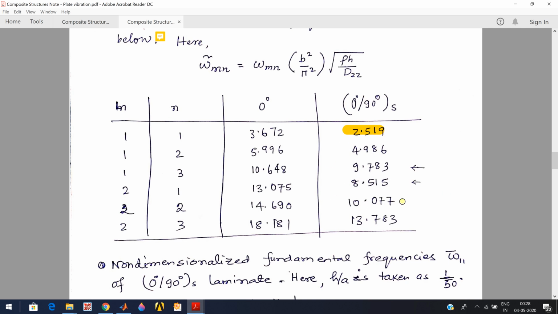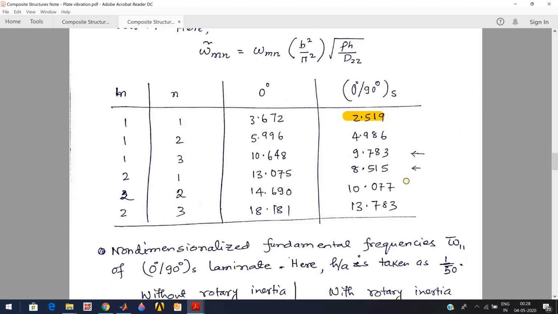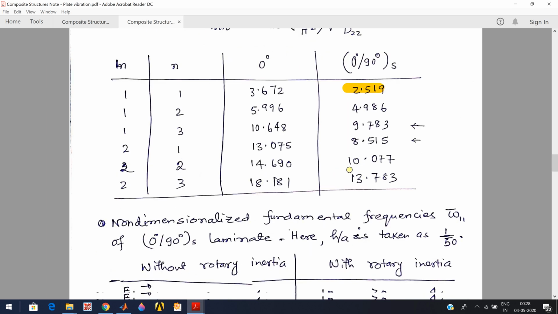So you can make a note of it, but if we understand this table how it is, then this reporting is not a problem. Okay, so this is how it was reported in Jane Reddy book, and I just marked these two frequencies to explain this to you.